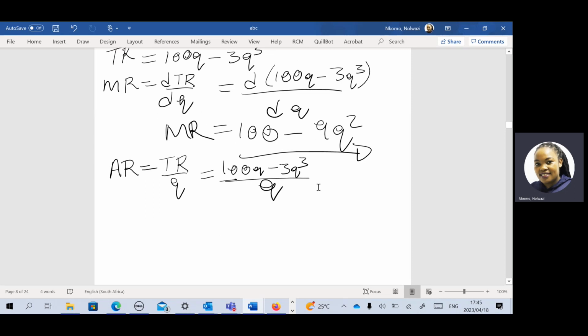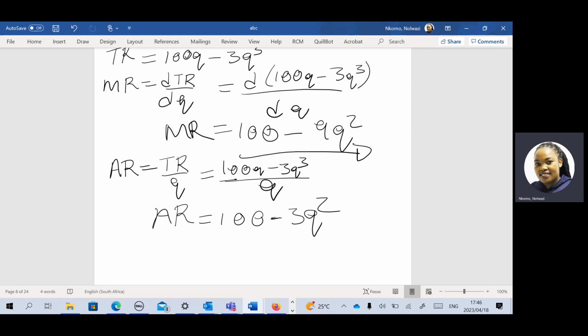If we divide this by Q, we have 100Q divided by Q, that will give you 100. And we have minus 3Q cubed divided by Q, that will give us minus 3Q squared.